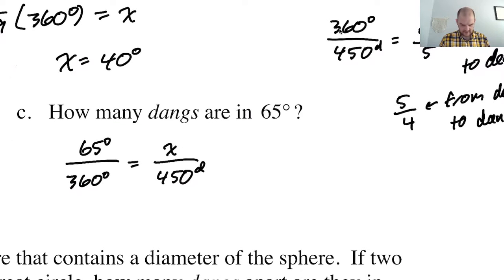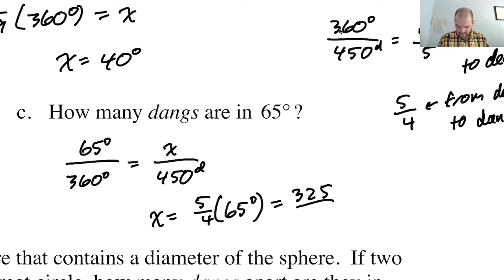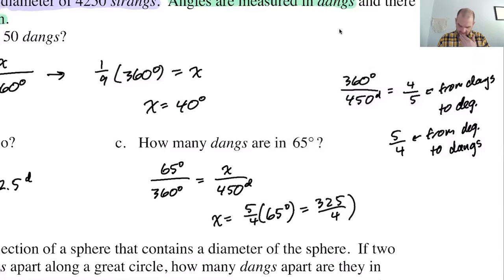We can use this conversion: 5/4 times 65, going from degrees to dangs. That's 325 over 4 dangs, I believe, is the answer. 300 plus 25, 325 over 4. Pretty confident about that.